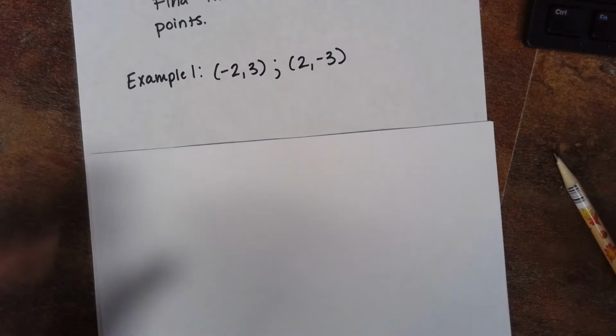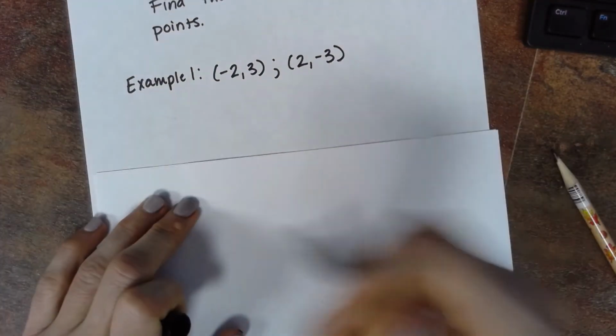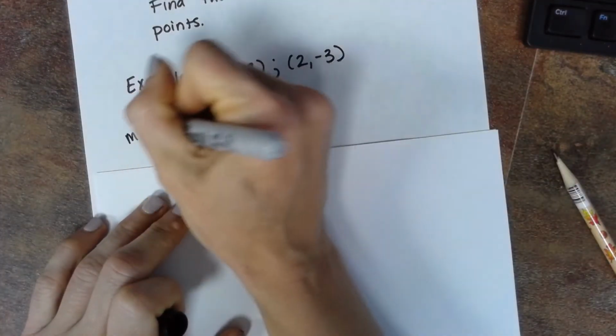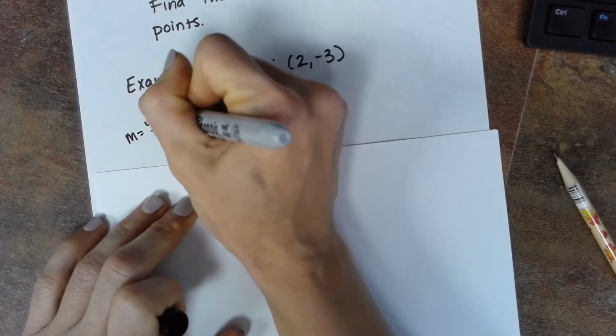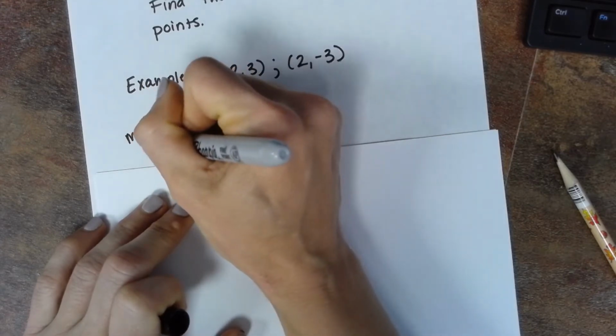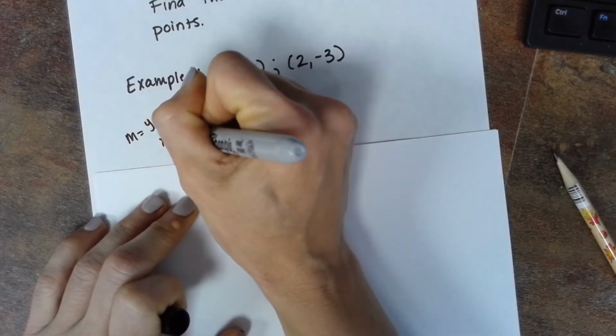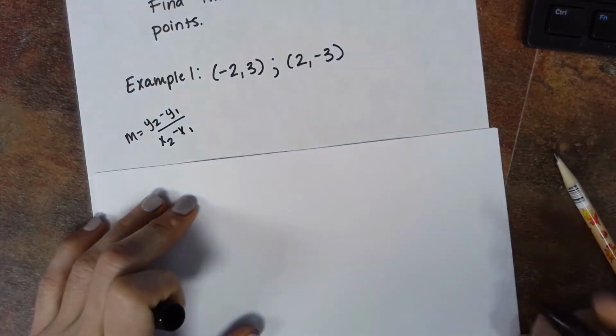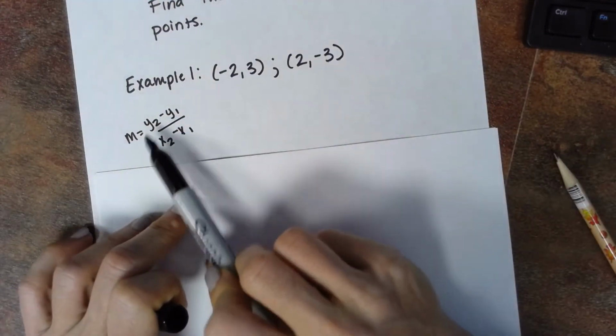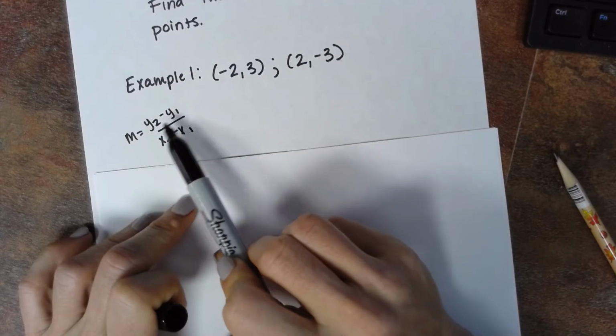And you'll sometimes see the slope equation written this way: m equals y2 minus y1 over x2 minus x1. I always found that to be a little bit intimidating to students with all the numbers and the letters.